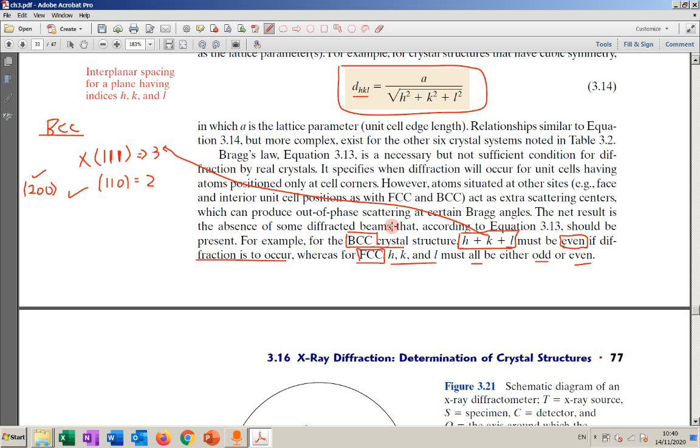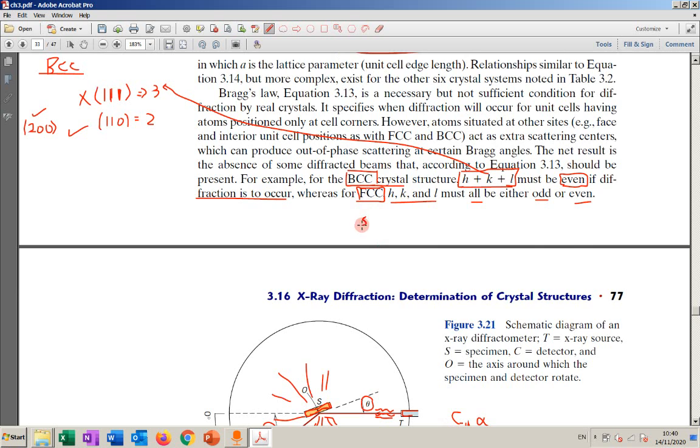For simple cubic, all combinations will happen. I mean any combination. There is no rule.